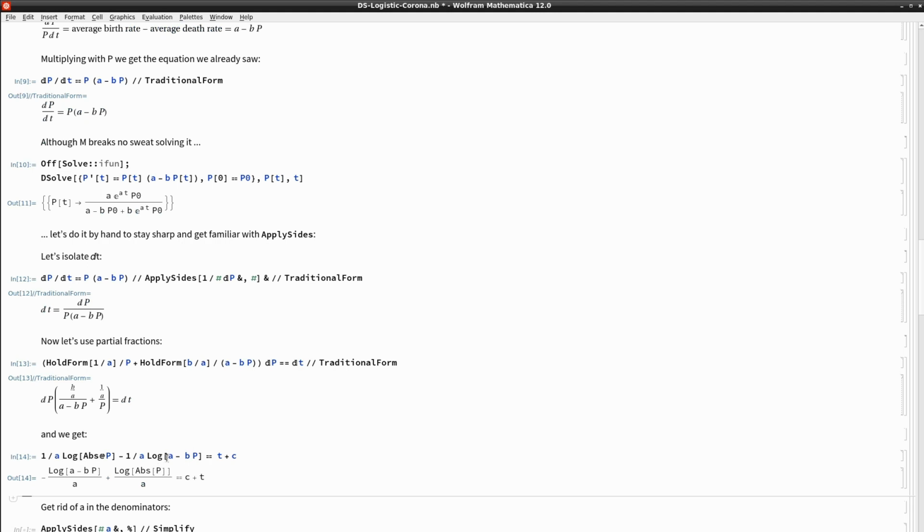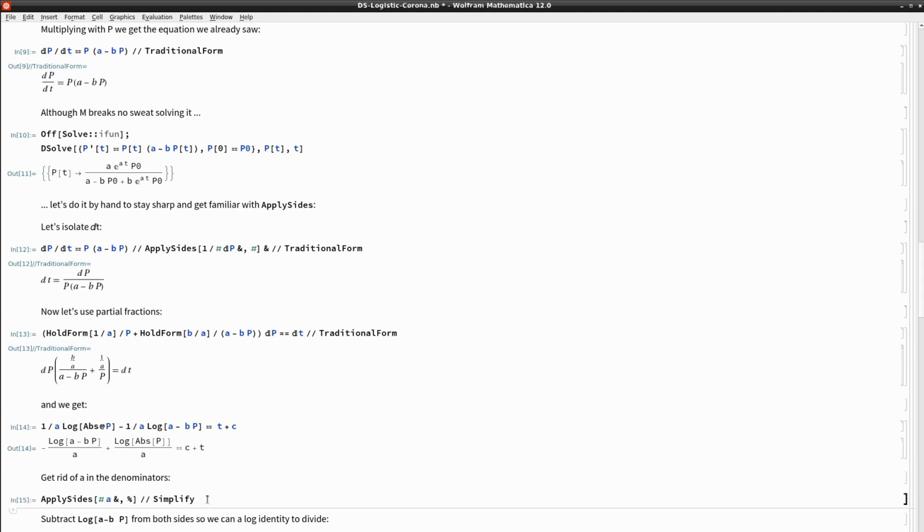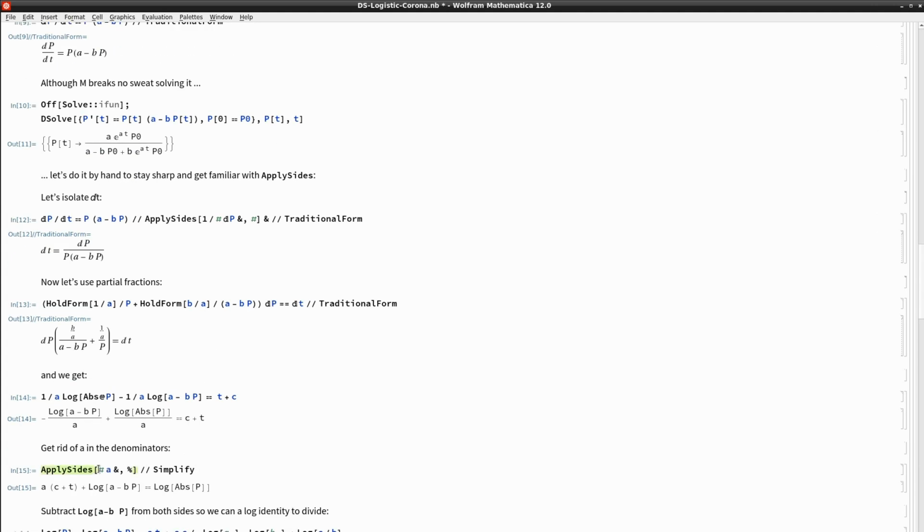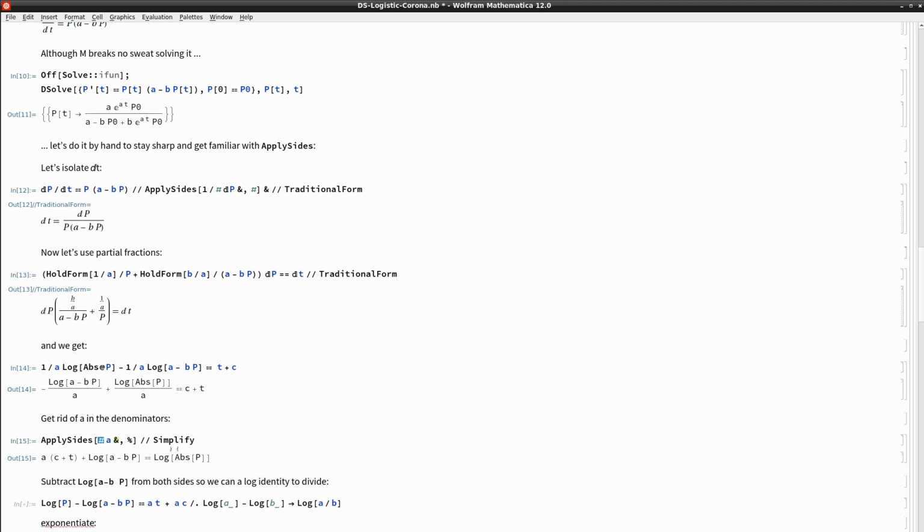As the next step, we should get rid of A in the denominators, and we simply do that by multiplying the entire equation by A, and we simplify. And now A as the denominator is gone, but it's multiplied on the right hand side, which is now A times C plus D. So we also want to get rid of this log on the left side.